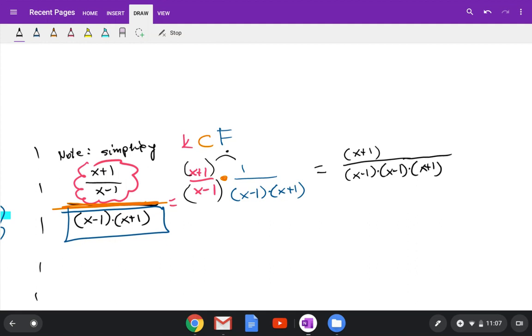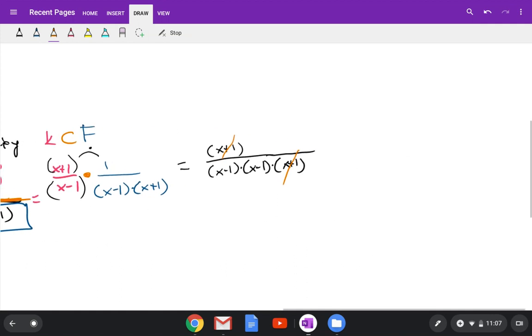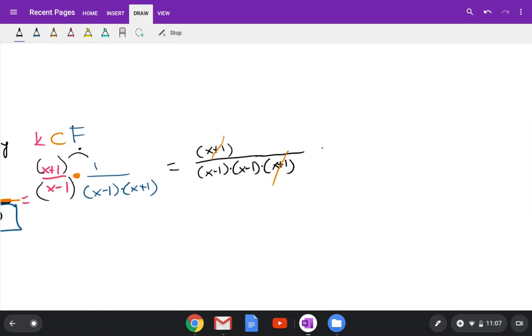So what's happening here? The x plus 1 cancels, and that will give us 1 over (x minus 1) times (x minus 1), which is the same as (x minus 1) to the second power.